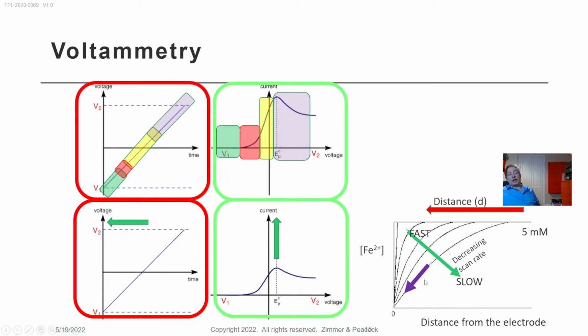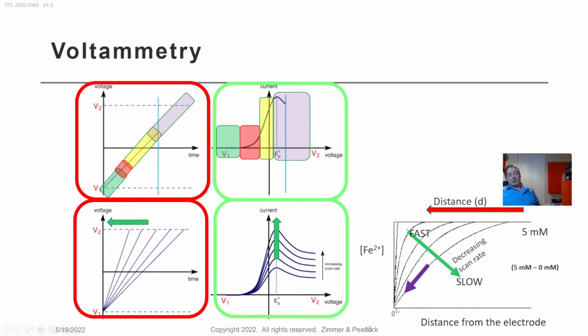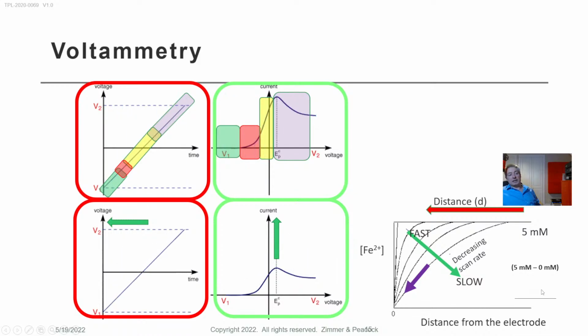I can do a crude calculation on this gradient: the concentration difference is 5 millimolar minus 0 millimolar, because I'm assuming it's 0 down here, divided by the distance. If I do a slow scan, the distance is a big number, and if I do a fast scan, the distance is a small number.